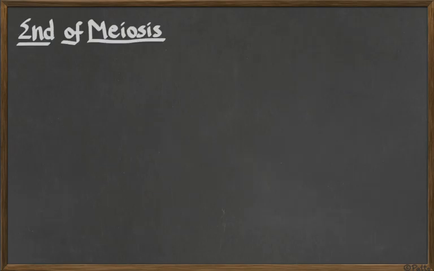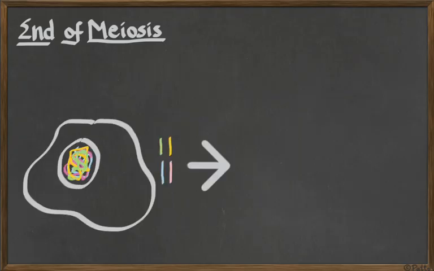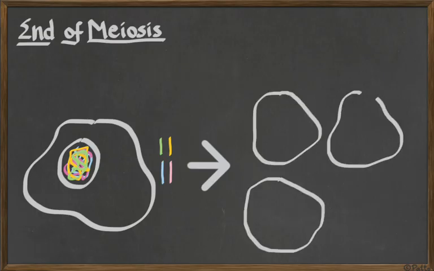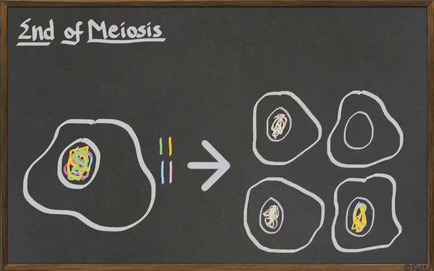So what will happen by the end of meiosis? This is the beginning of meiosis: you have one cell, 4 chromosomes, each one with a sister chromatid. It goes through interphase, it replicates, and in the end we are going to have 4 daughter cells, each with half the number of chromosomes that we had before. Here you have a green and a pink, here a blue and a yellow, and a blue and a yellow.